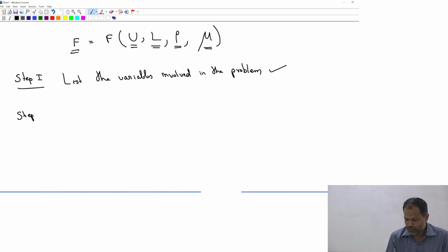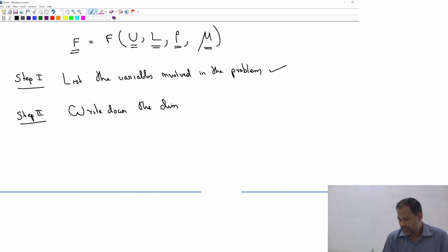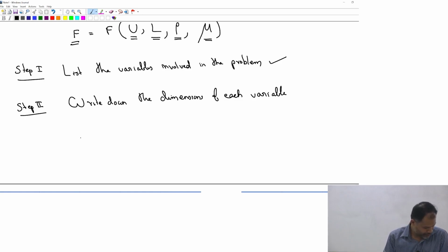Step 2, write down the dimensions of each variable. So, we have force, we have velocity, we have a length, we have a density, we have a viscosity.